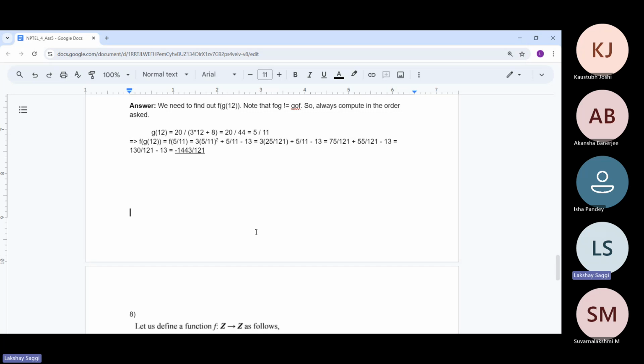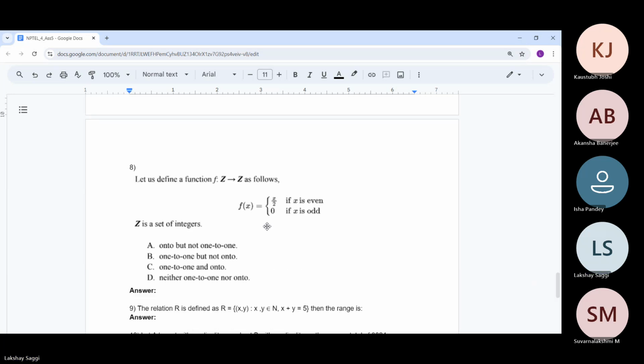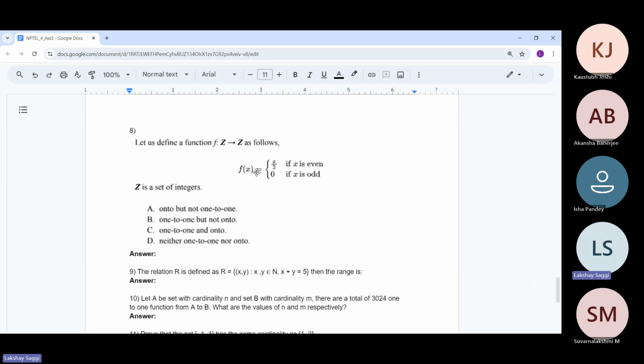So let's come to the eighth question then. The eighth question again says, let us define a function f. This function is defined a bit more trickily, in parts. So a function f from Z to Z, where Z denotes the set of integers.